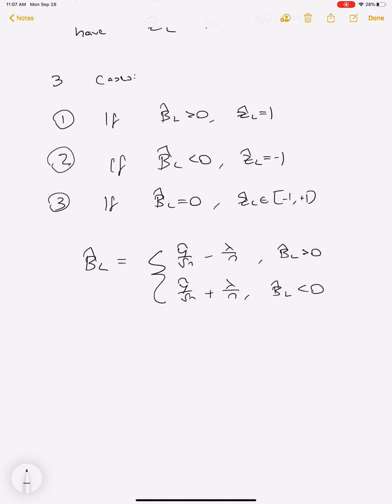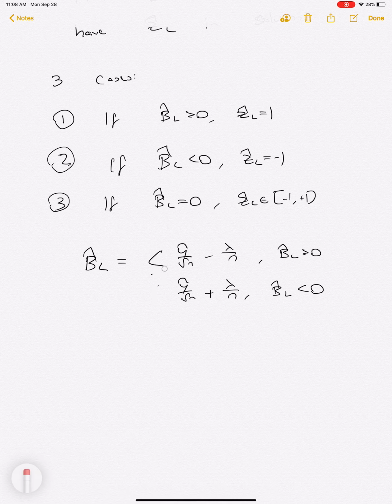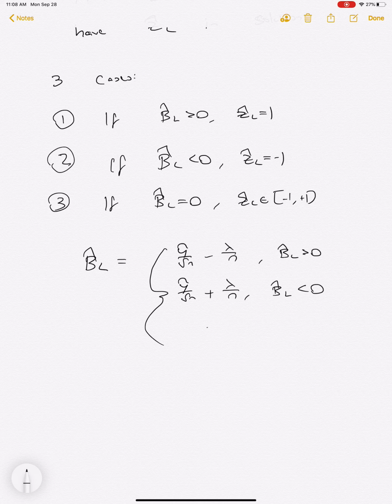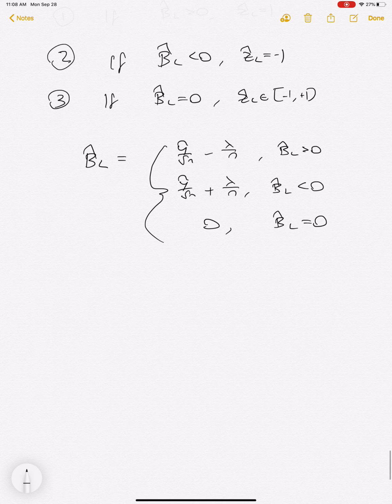And obviously it equals 0 if b hat L equals 0, okay? And so this gives you a nice closed form.